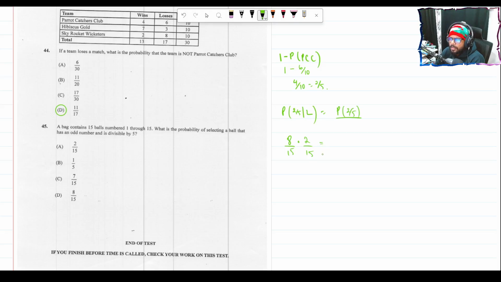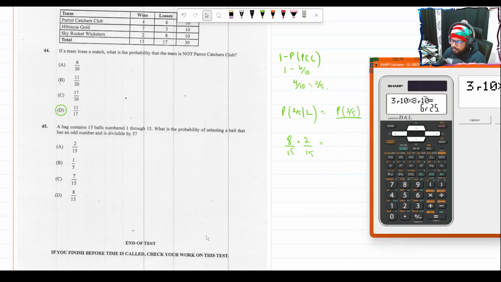And there's multiply, yeah. We could have that, 16 out of how much? 16 divided by 15 by 15. Nah.